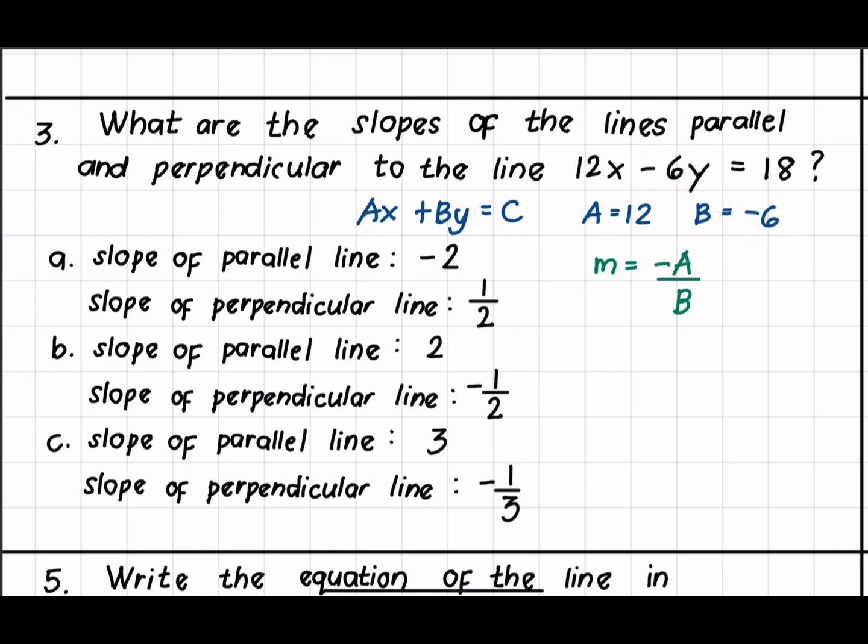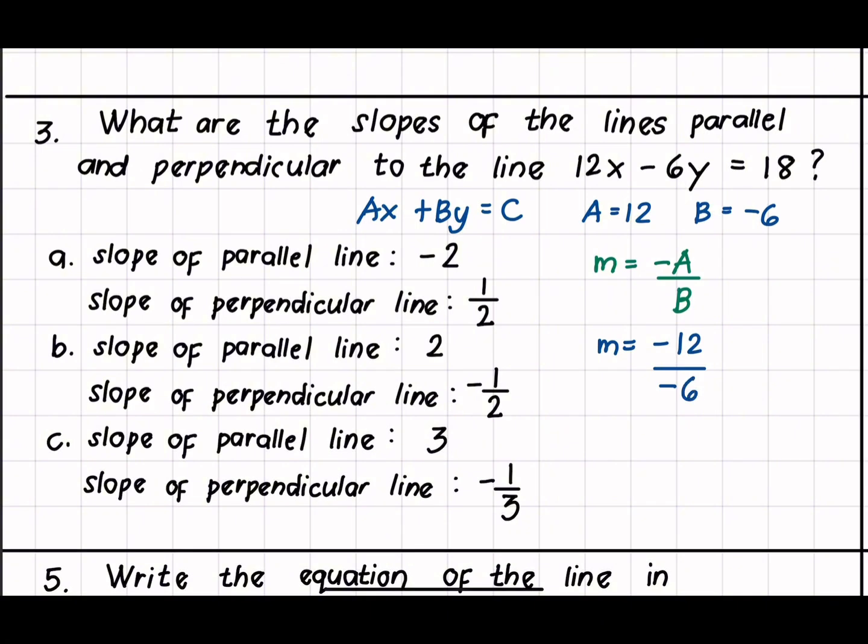So substituting these values, a and b, to the given formula, we will have m is equal to negative 12 over b, which is negative 6. And negative 12 divided by negative 6 is positive 2. So this is the slope of the equation 12x minus 6y is equal to 18.